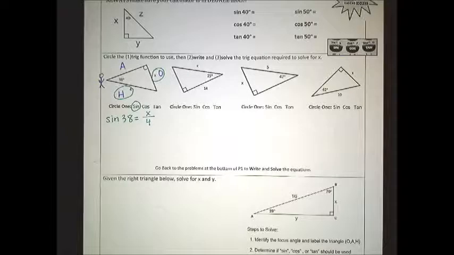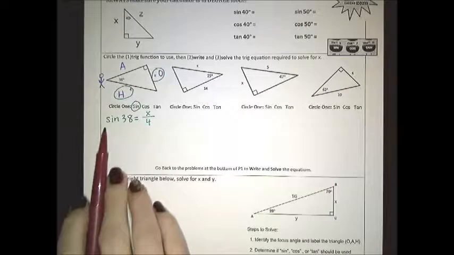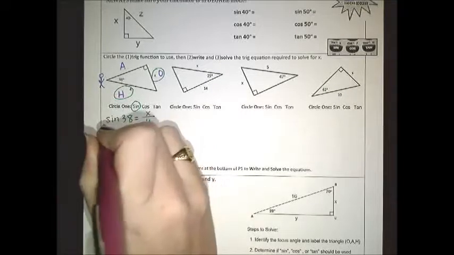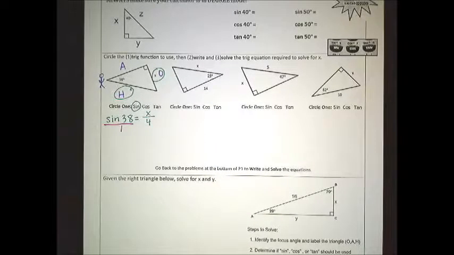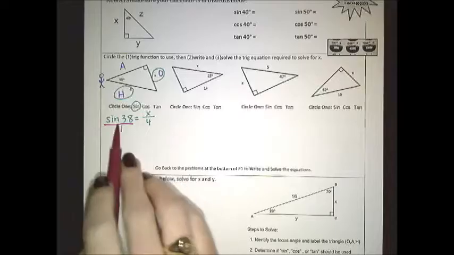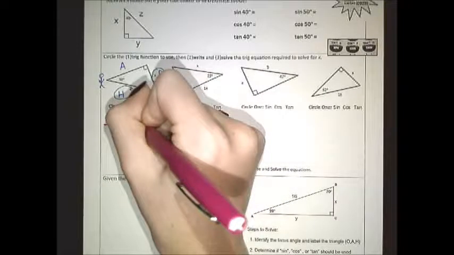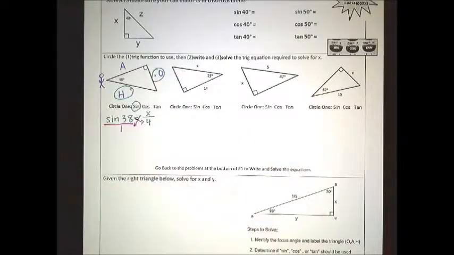Alright, now comes the solving part of this. To solve this, what we are going to do every single time we have trig functions is put our trig function over 1, so that now we have two fractions, two ratios. And just like we did with similar triangles, we can cross multiply those ratios to help us solve for x.